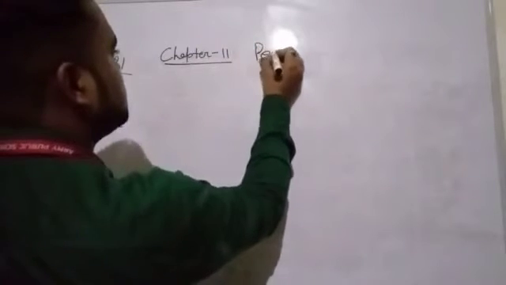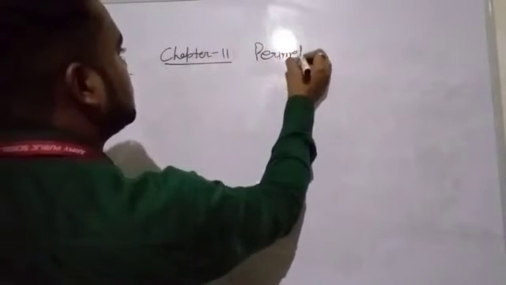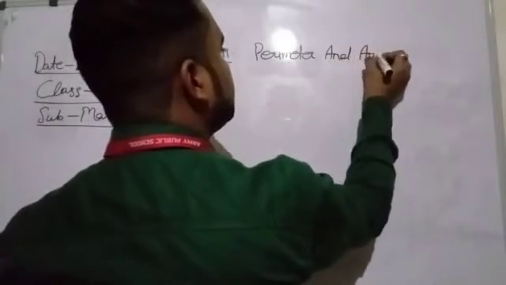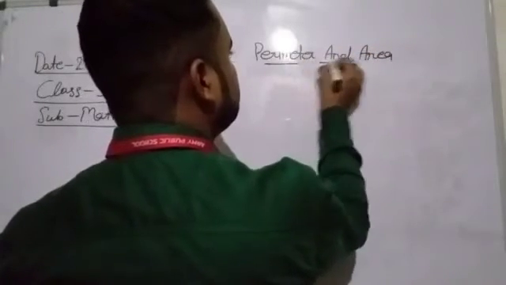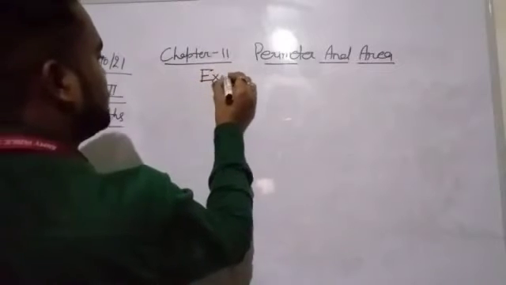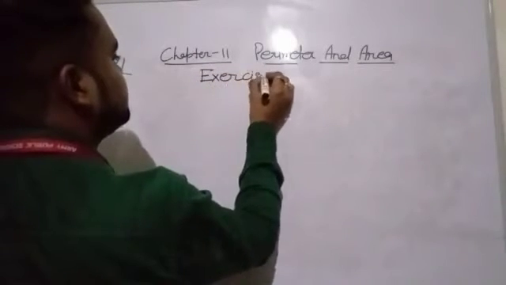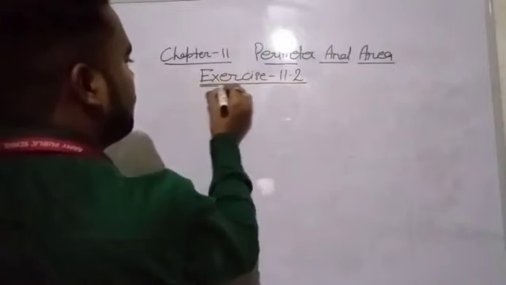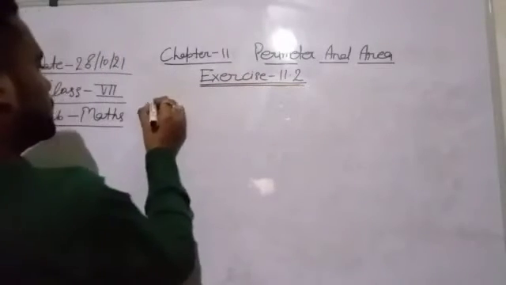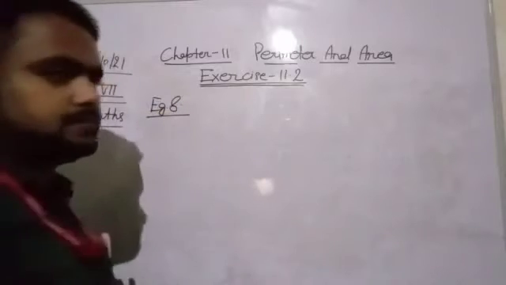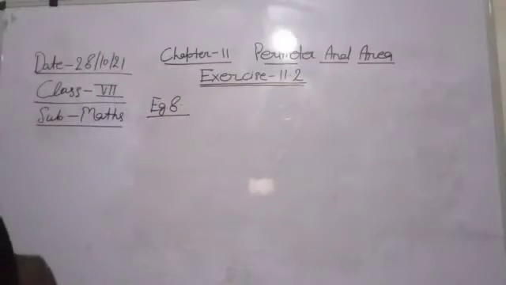That is perimeter and area. Exercise 11.2. Example 8 from the book.